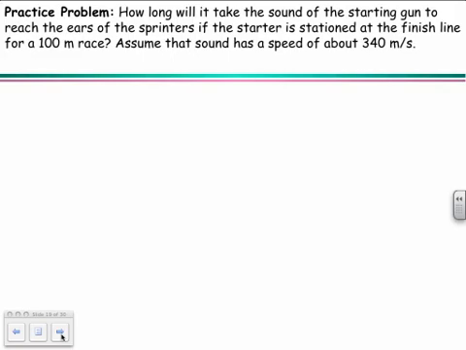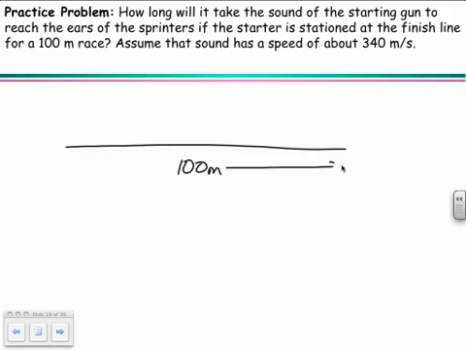Just for practice's sake, we're going to draw a picture of it and go through the problem solution. So we have a 100-meter track, and at the end, we've got a guy with the starter's pistol.